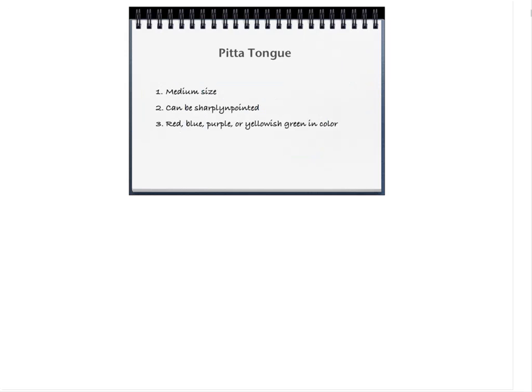Now, Pitta tongue has all the qualities of Pitta. It's medium size. It can be shapely or pointed. Actually, it's a little bit reddish, more pink. And this red, blue, purple, yellow, green comes when Pitta is very high. For example, if the Agni from the Chaturagni has moved to the lungs, then the sputum will be yellow.